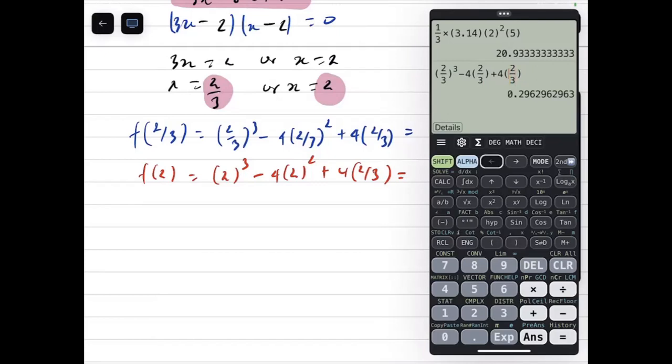Oh, I forgot to square the quadratic sign. I get this 1.18.